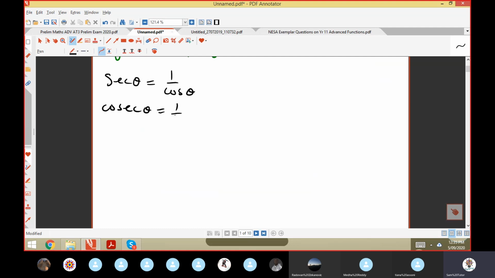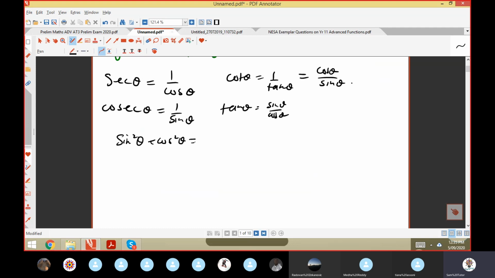Cosec, 1 on sine. Cot, 1 on tan. Tan, sine on cos, which means cot is cos on sine. And then you have sine squared plus cos squared equals 1.